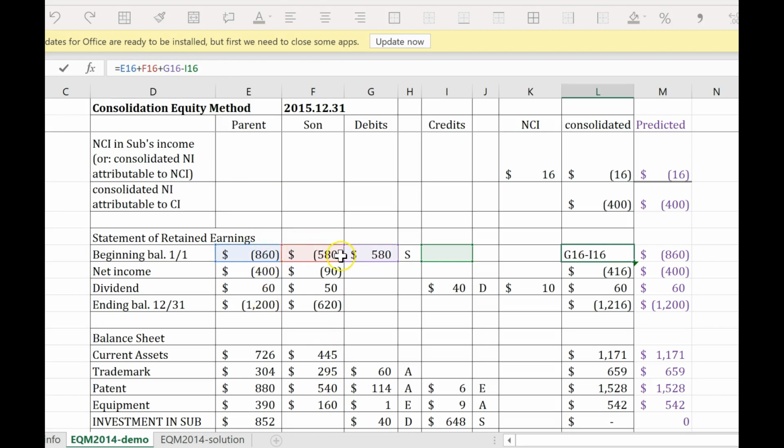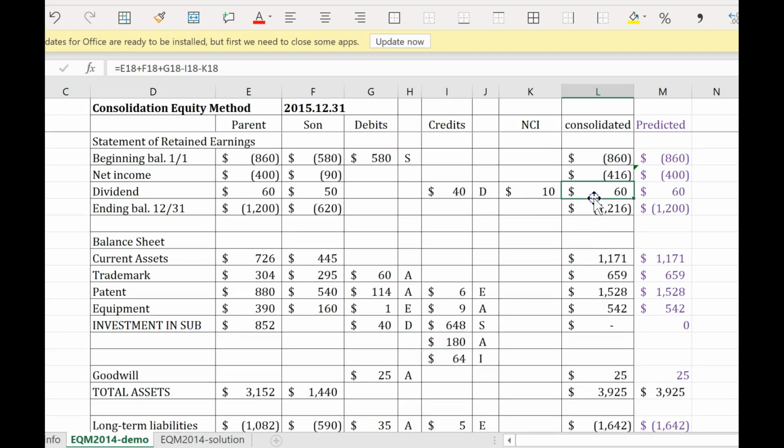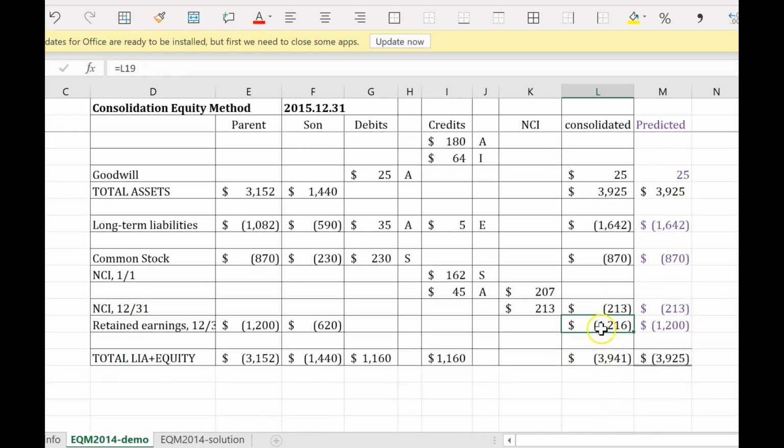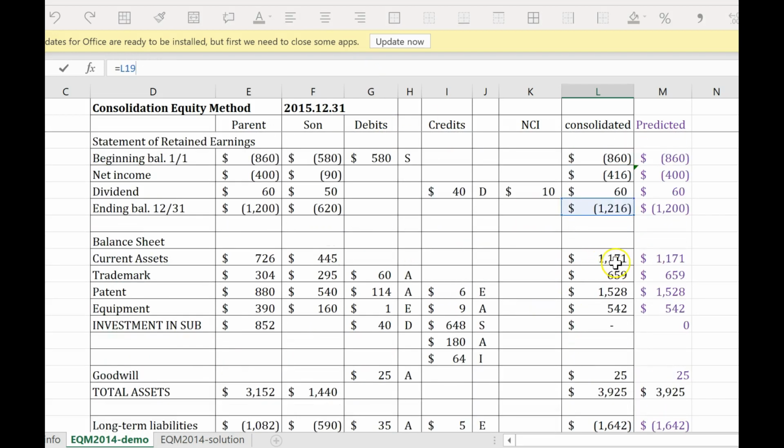It is the parent's number plus the subsidiary's number adjusted by the entries. So when I adjust by my S entry, my beginning balance of consolidated retained earnings equals exactly the parent's. Similarly, the dividend, because of the D entry and the NCI column, equals only the parent's number. The ending balance is calculated from the above and also carried over to the balance sheet here. I link this number to the number above.